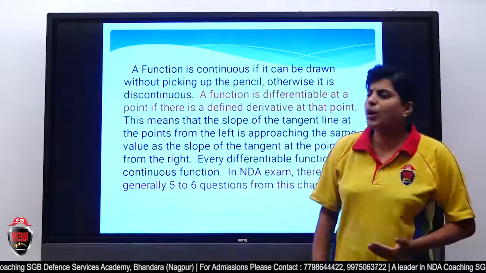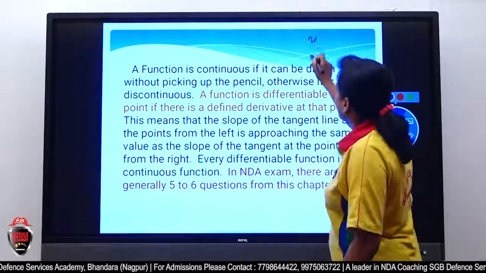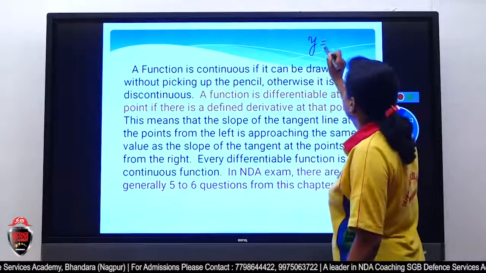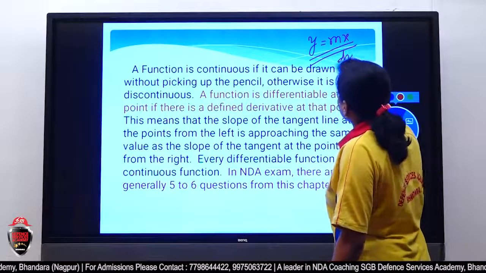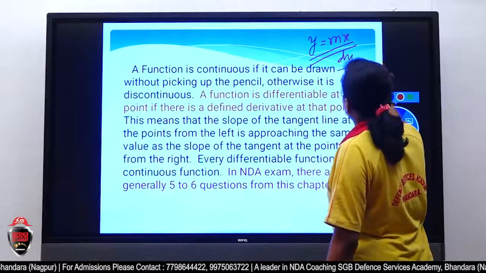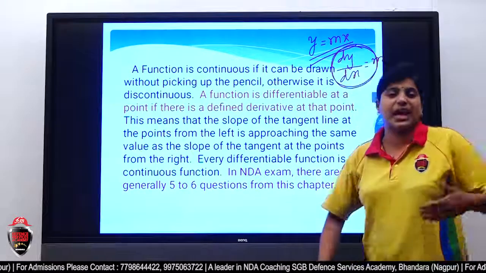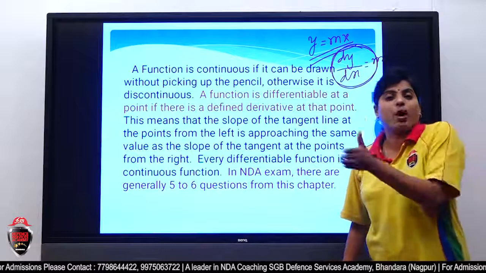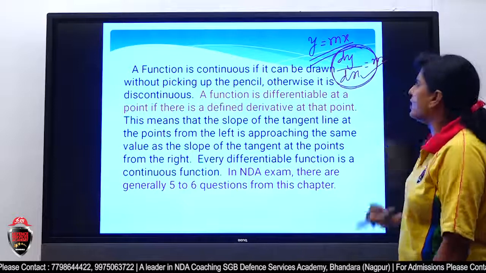Because slope of tangent is denoted as y. Y is equal to mx, so dy by dx is equal to m, where this dy by dx is called the slope of tangent, which is generally denoted as f'.